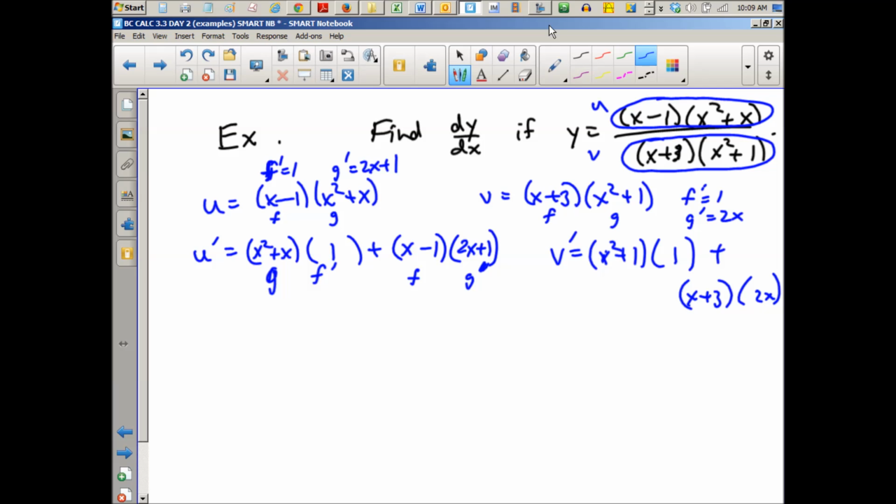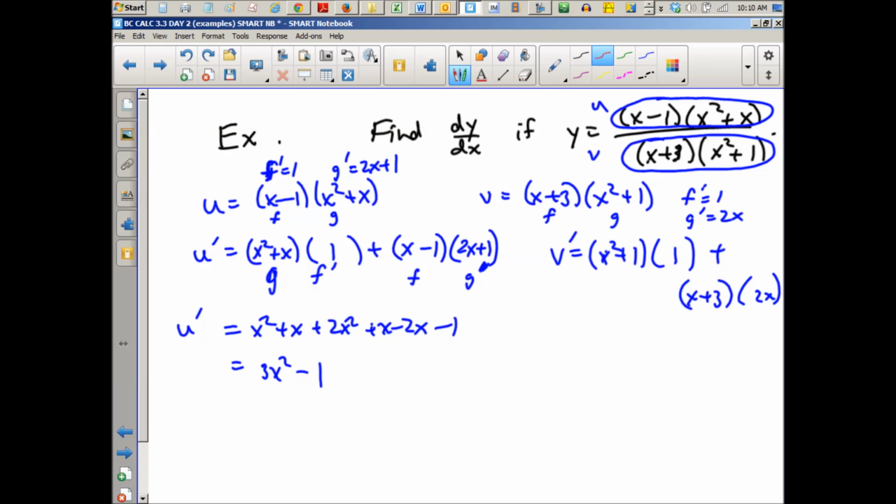Okay, so now we can simplify these, probably a good idea. This gives us x squared plus x plus 2x squared plus x minus 2x minus 1. So the first one's just x squared plus x, and then the next one's a FOIL there. Grouping like terms, we get 3x squared plus 2x minus 2x, so there's no x's, and then minus 1.